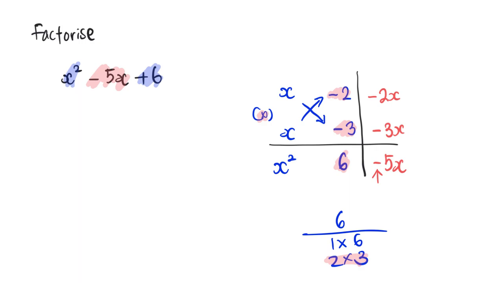And so I would get my factorized form. So for this, the answer would be x and negative 2, x and negative 3.